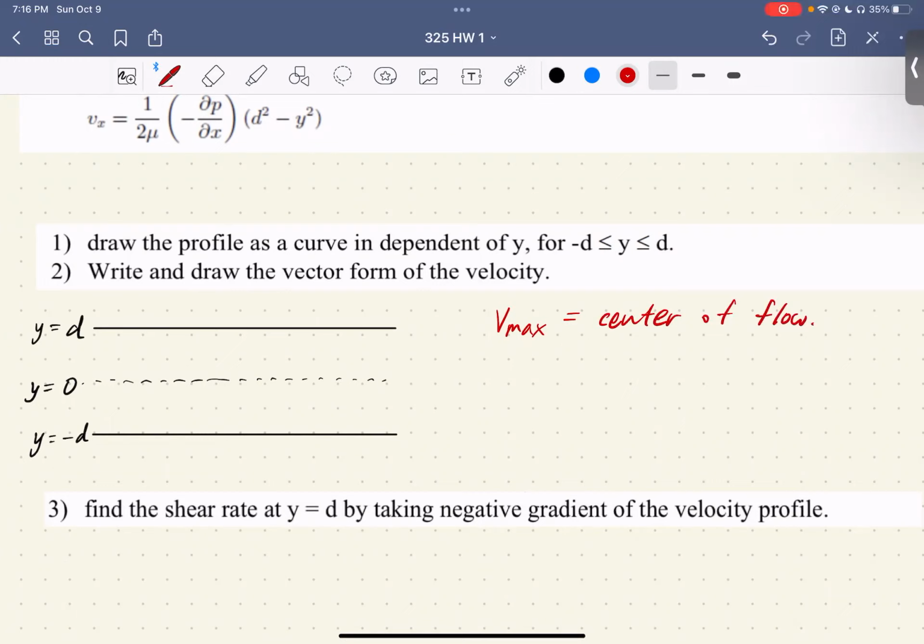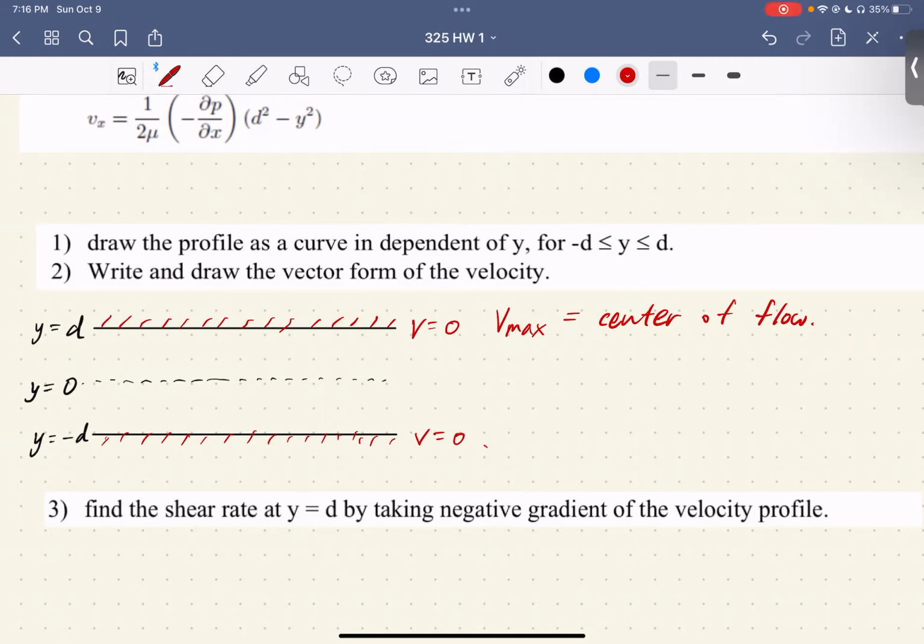Second thing is we also have our no slip conditions at the plates, where we know that at these plates, velocity is 0. This is due to the no slip condition, right?